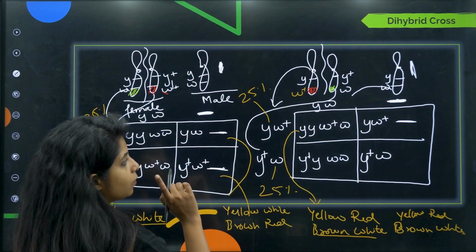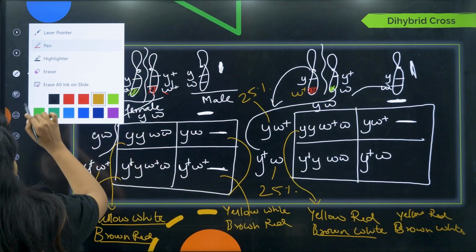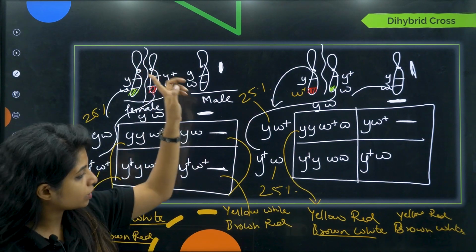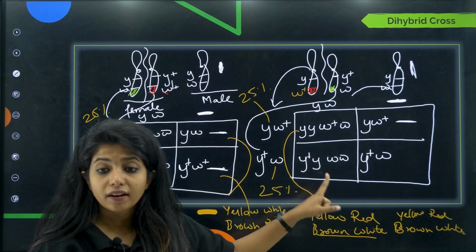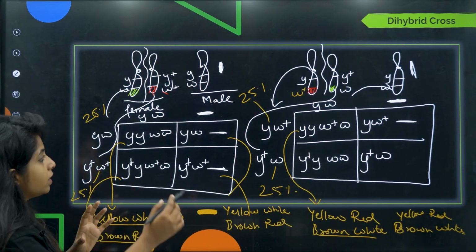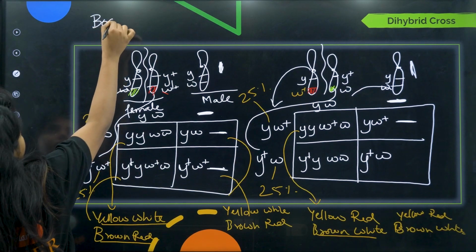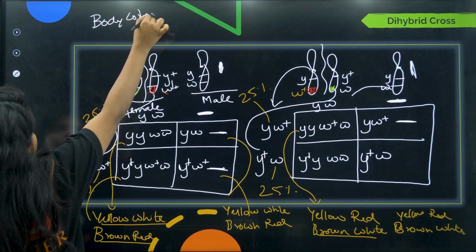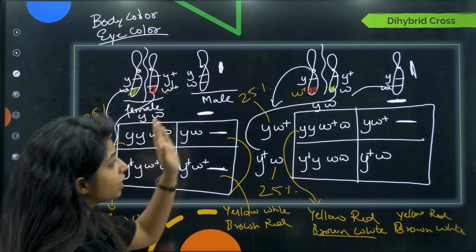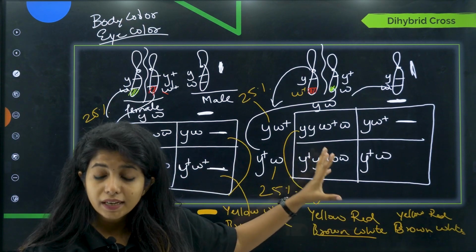Now, please understand one very important thing that he said after doing all this experiment: in the case of yellow body and red eye color, or basically yellow body and white eye color, as well as the body color and eye color, he found one thing: the recombination was pretty less.